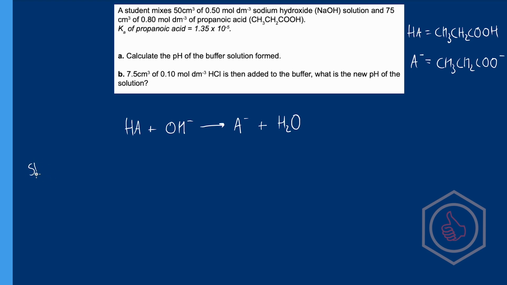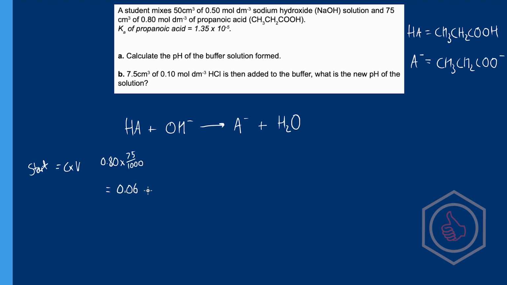So the starting moles of HA is going to equal concentration times volume. Well, the concentration of the acid we're told is 0.80. The volume of the acid is 75 centimeters cubed, so 75 divided by 1000 to get it into decimeters cubed, which is going to give us a moles of HA of 0.06.